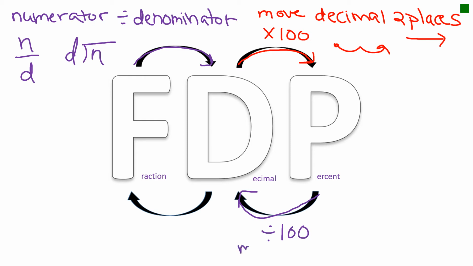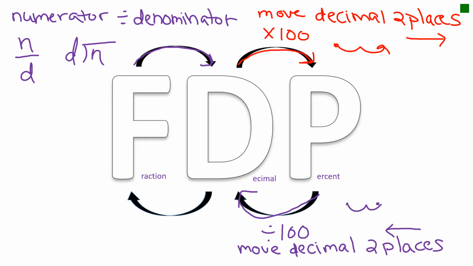But this time, I'm going to move the decimal 2 places to the left. So if here's my decimal point, I'm going to take 1, 2 jumps to the left, and write my new decimal point where I end up.